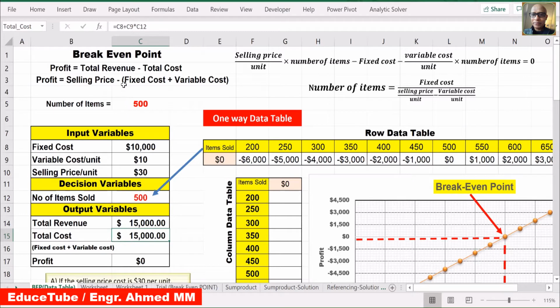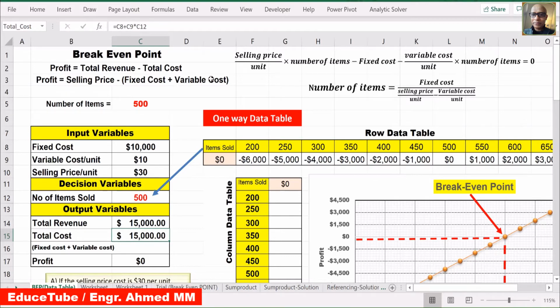Now if we look at these formulas, we can see profit equals total revenue minus total cost, as we discussed. If we break down this total cost, it is actually a combination of fixed cost plus variable cost.